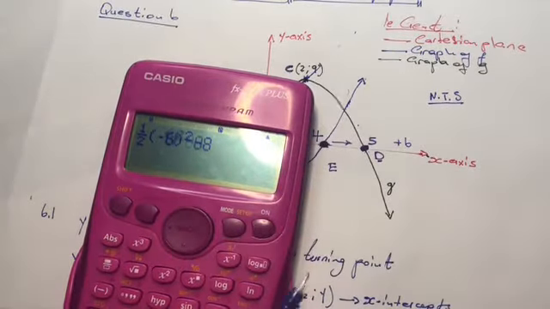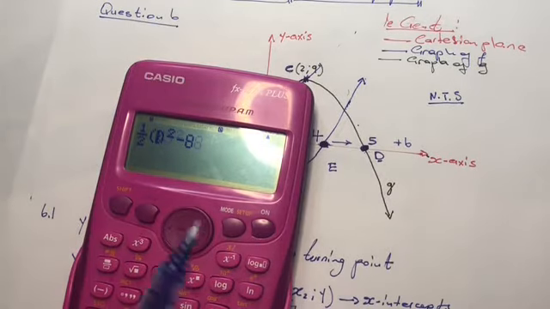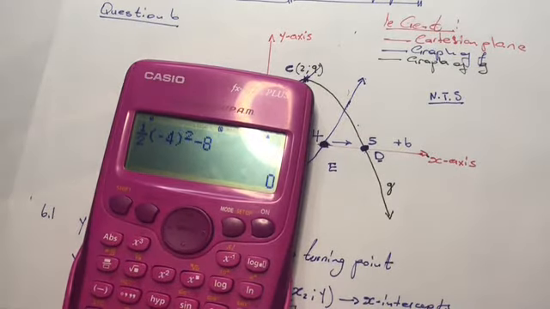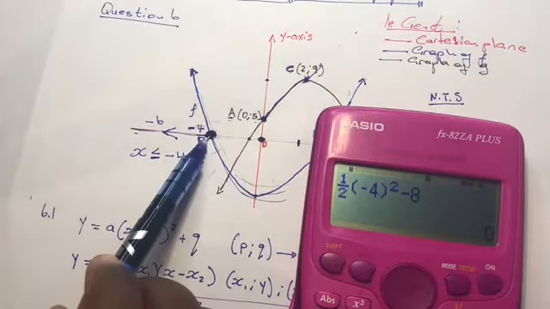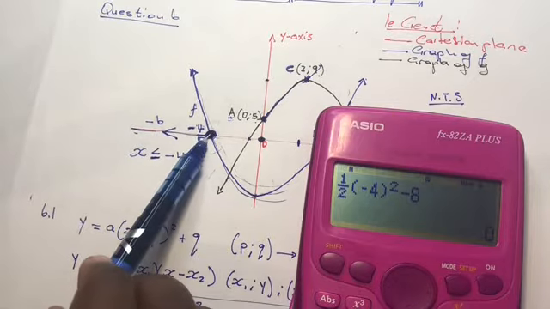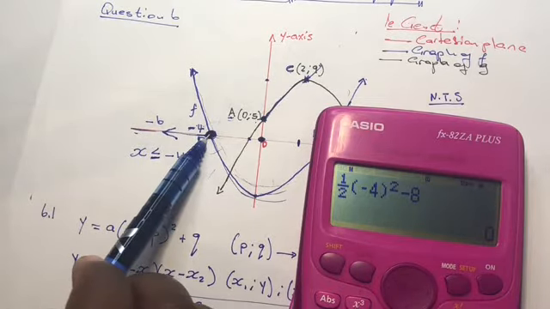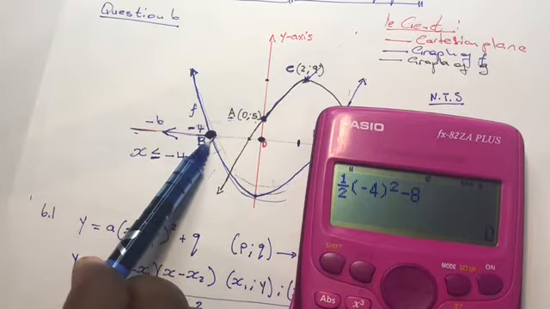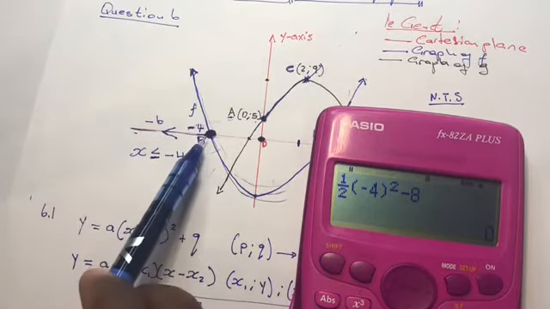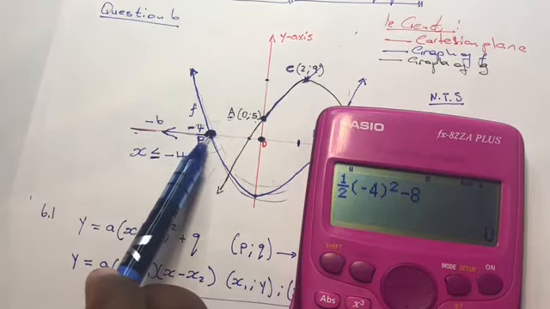Let's see, -4. Can you see? You get 0. So that means from that point, the graph of f is again equals to 0, and at the same time going up, it's greater than 0.